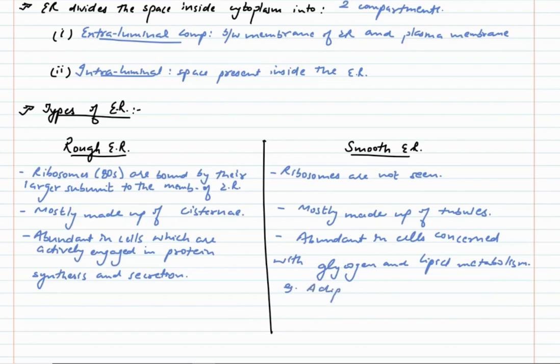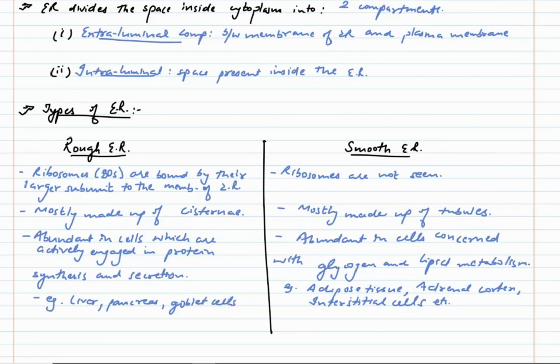Examples are adipose tissue, adrenal cortex, interstitial cells, etc. Examples where rough endoplasmic reticulum is abundantly seen are liver, pancreas, goblet cells, etc.